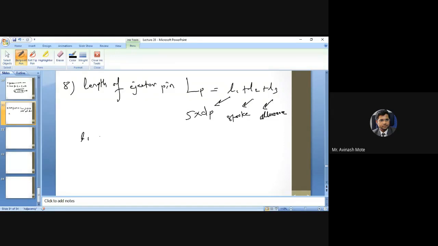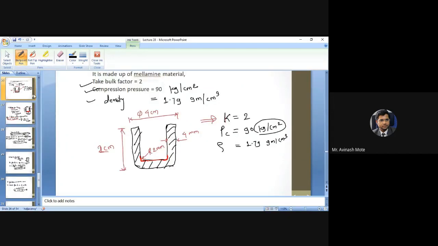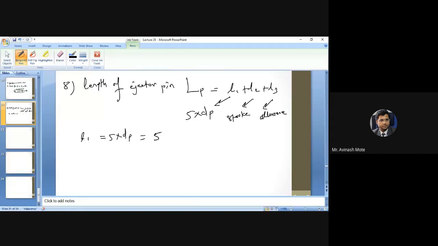L1 equal to 5 into product thickness. Okay, so what is the product thickness we have considered? It is given in the problem. Check out, 4 millimeter. So 5 into, we are calculating everything in centimeter, so it will be 2 centimeter.